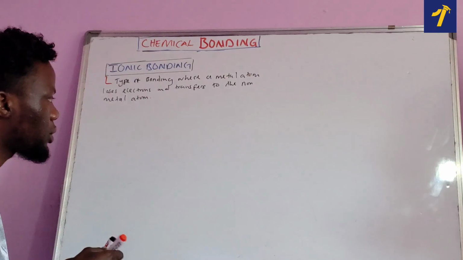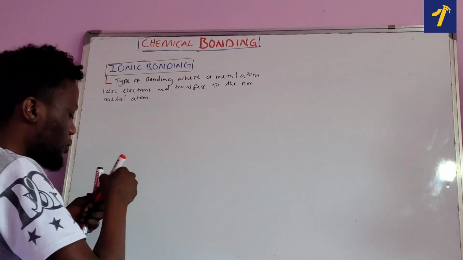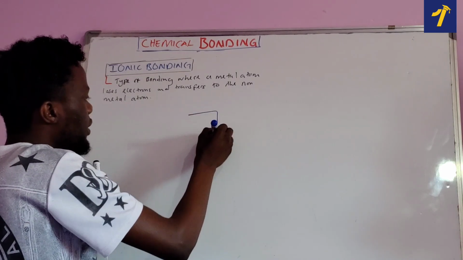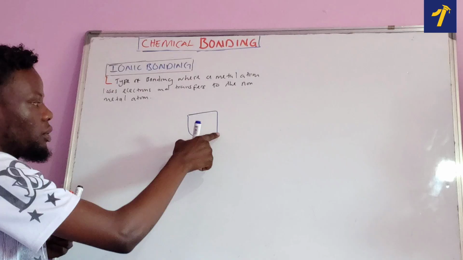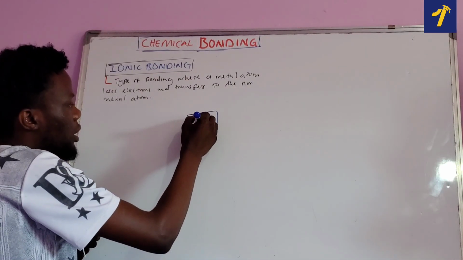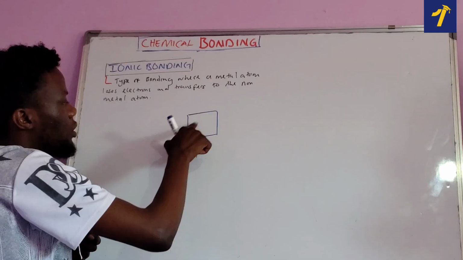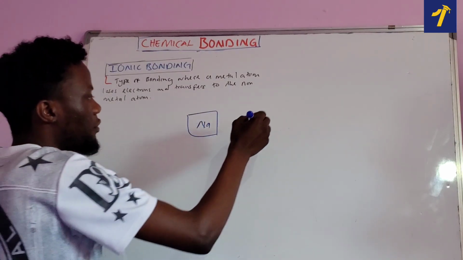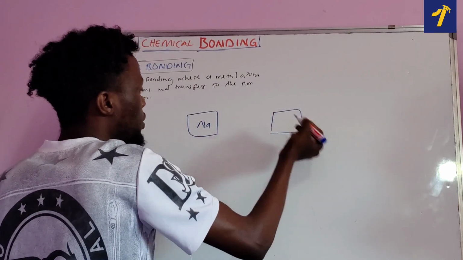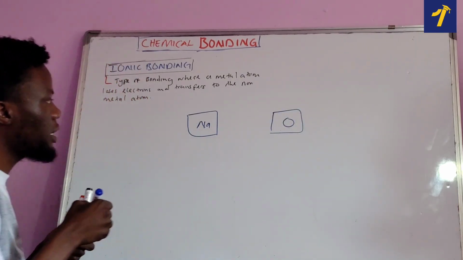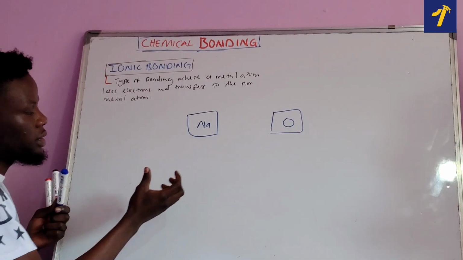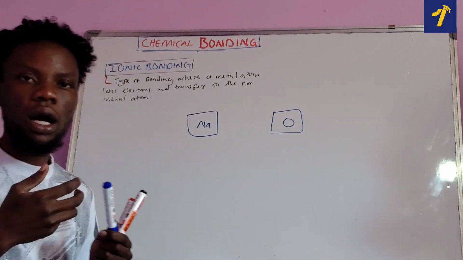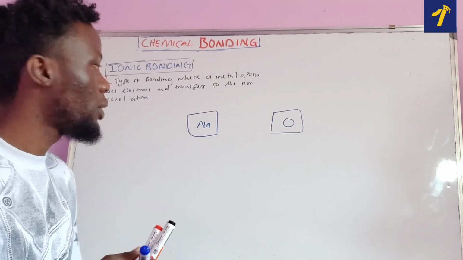So what do I mean? Let us illustrate what we're talking about here. Let's say we have a certain metal here, I'm just giving an example, maybe sodium. And we have a non-metal here, maybe oxygen, because ionic bonding is going to exist between a metal and a non-metal. But how does ionic bonding occur?